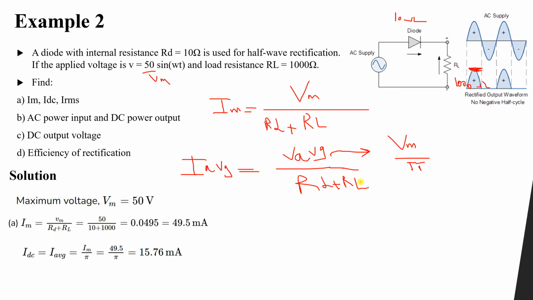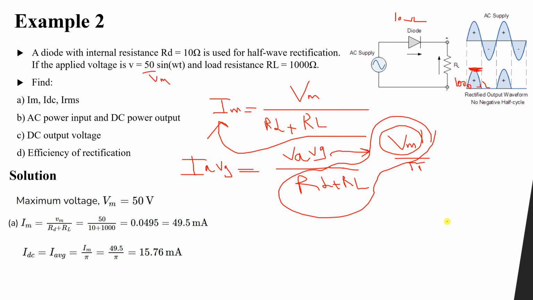This is similar to this one. You can see V max over pi, RD plus RL, V max over RD plus RL. This part is I max. So I max over pi is I average. Number 3, we need also the root mean square current, IRMS.